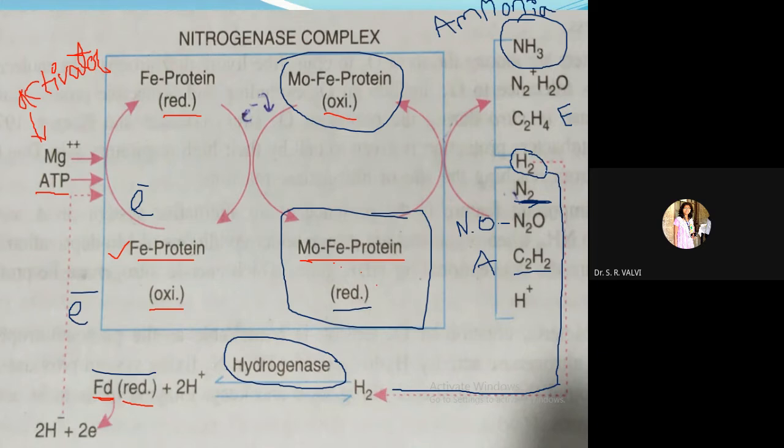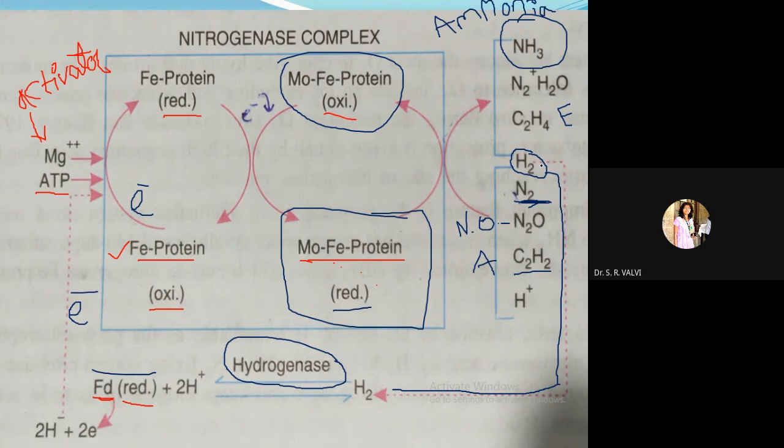A question may arise in your mind. Suppose H2 will remain as it is within the cell, then what will happen, right? If the H2 remains as it is, then it is going to inhibit the nitrogenase activity, right? And hence we have to remove this H2 immediately when it is getting formed.